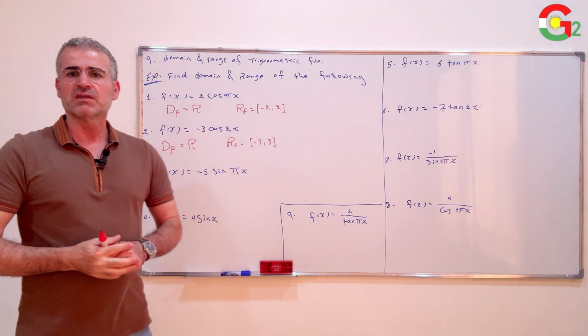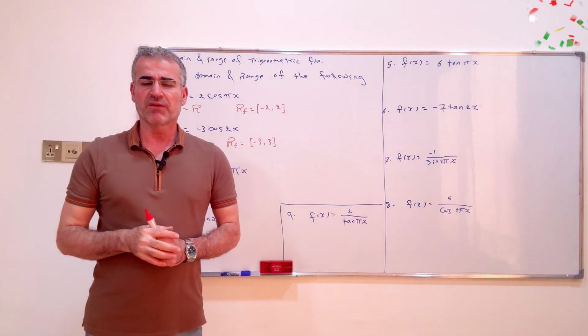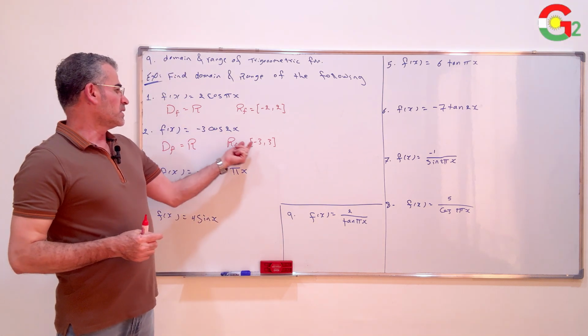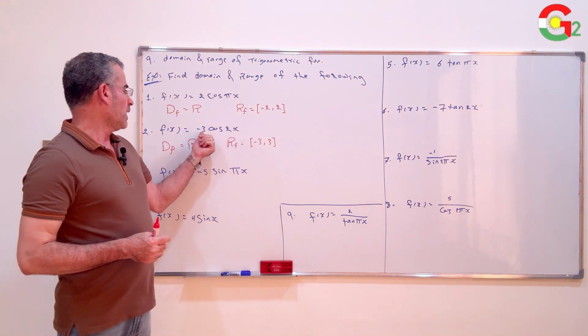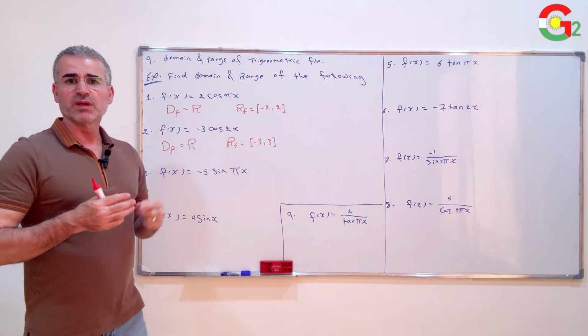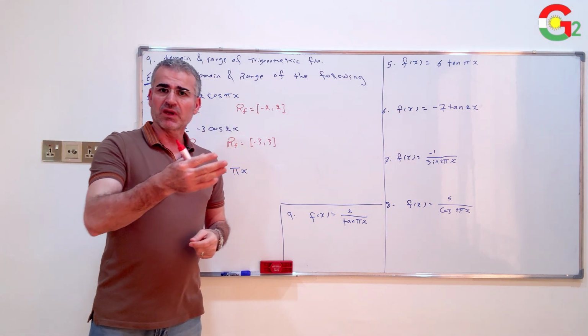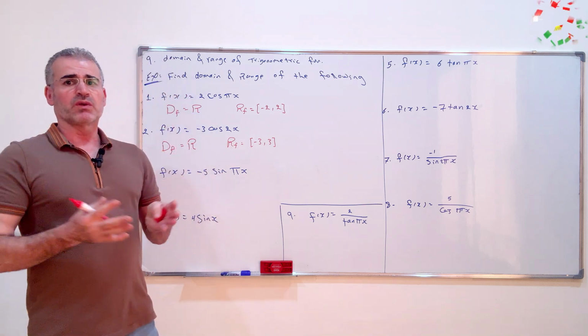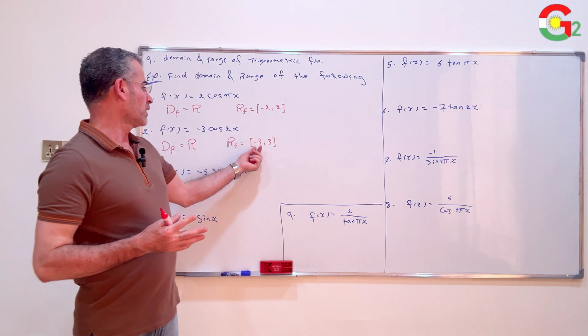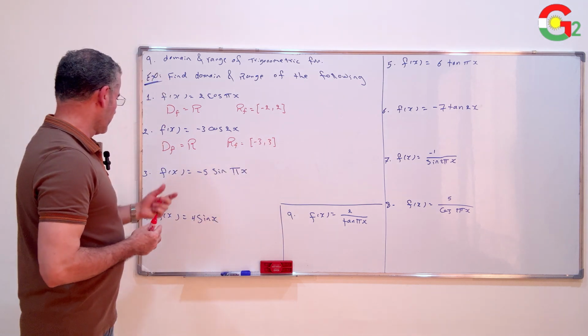The negative here doesn't affect the range, since it is from negative a to a. If we said negative 3, it will be 3 to negative 3, and since when we write the interval we start with the minimum point, then we write from negative 3 to 3.